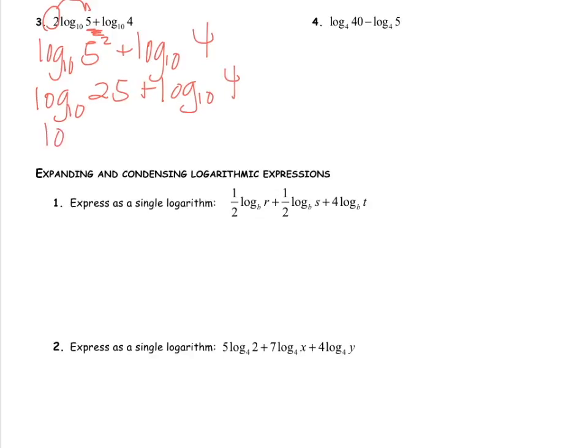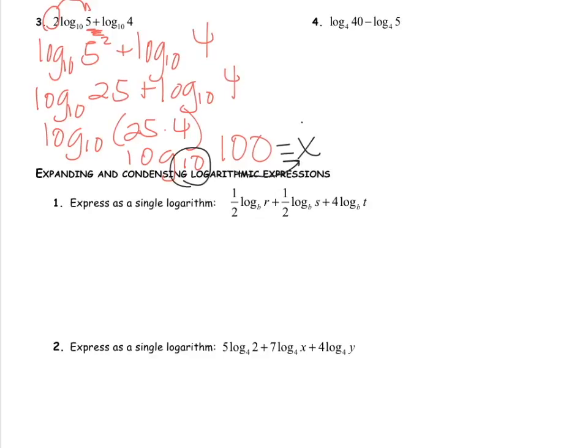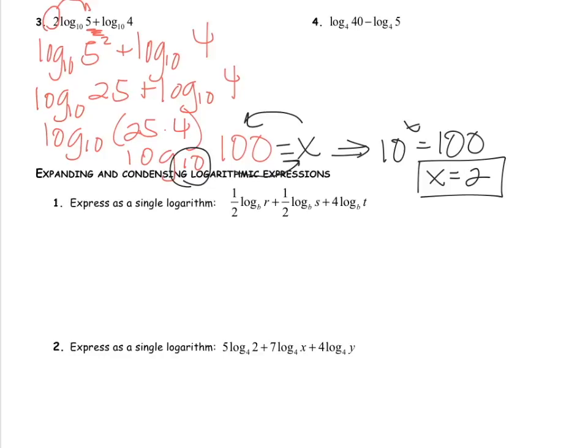Now when I multiply them, log base 10 of 25 times 4, I've got log base 10 of 100, which we could probably look at and tell, but if you can't, then you just set it equal to x. 10 to the x equals 100. And I think you can see that x equals 2.